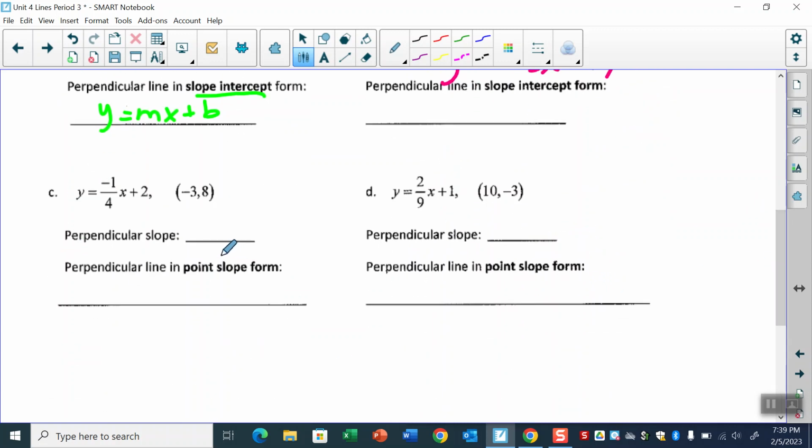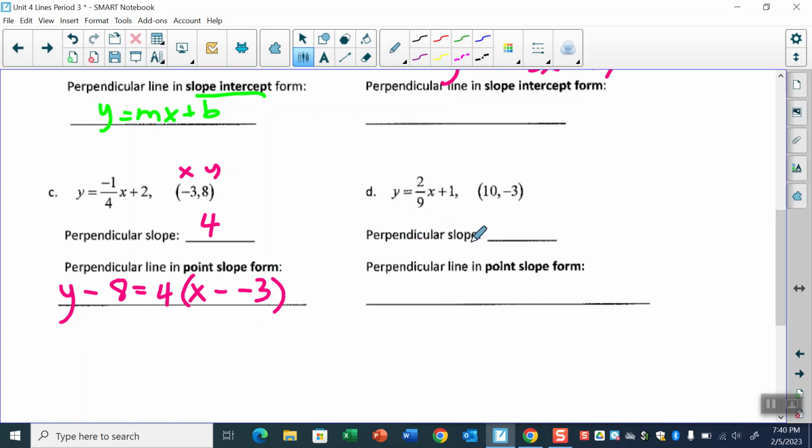All right, so here we go. Perpendicular slope is going to be positive 4/1. Point slope form, y minus, put the slope in front, x minus my x coordinate. And then that's that, right?